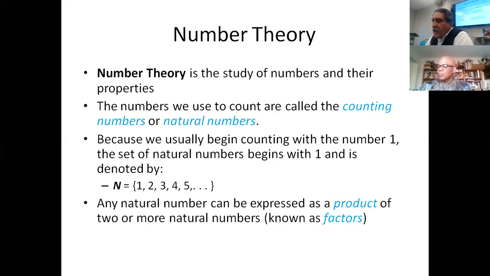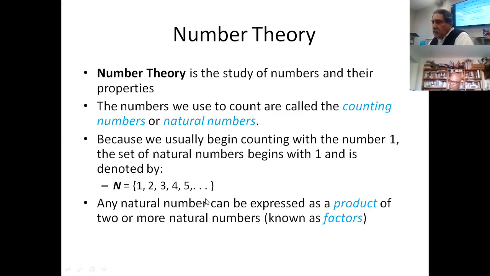Number theory is a branch of mathematics in which we study different types and forms of numbers. We use numbers for counting and all kinds of numbers. Counting numbers that we use in everyday life are also called natural numbers. And they begin with 1 and continue to infinity.